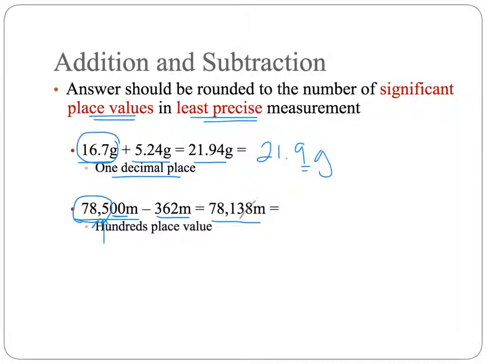So we want to knock off these two numbers in the tens and the ones place value, and the answer would be 78,100 meters. That particular type of rounding is not as common in your textbook as the one concerning decimal points.